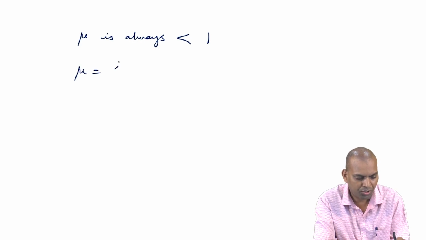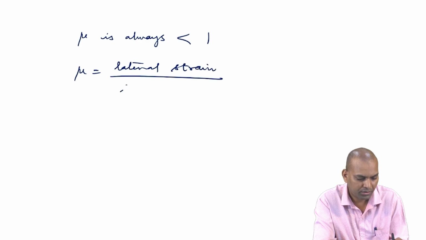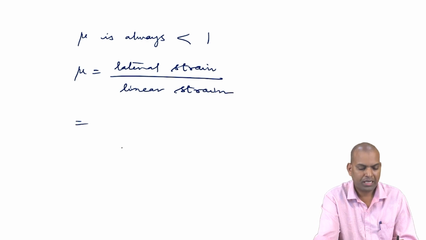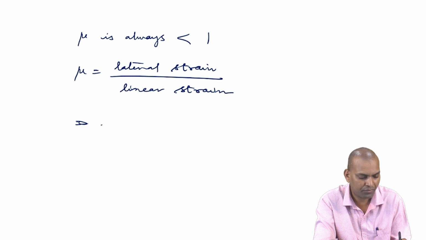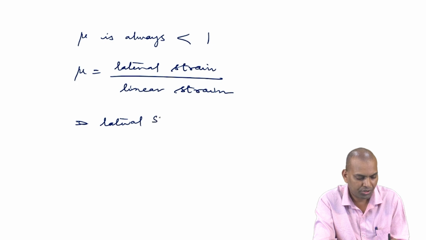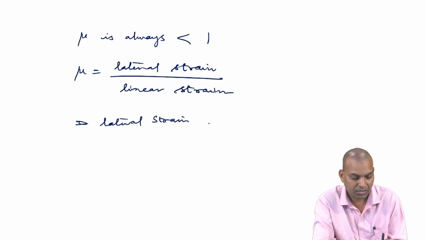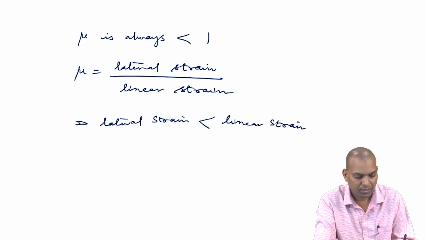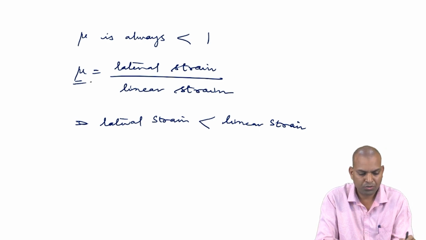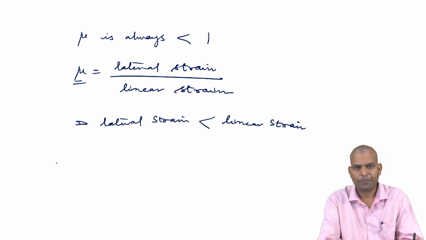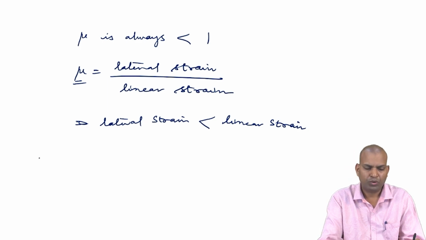Because Poisson's ratio equals lateral strain by linear strain, and the lateral strain value is always less than the linear strain. So that's why Poisson's ratio always comes less than 1. It never becomes more than 1.